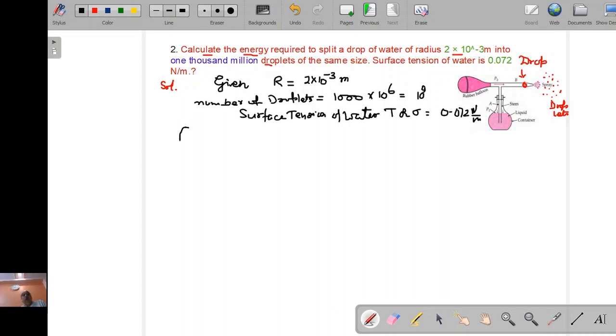So when a drop of radius R is broken into droplets, the volume of the drop will be equal to the volume of the droplets.